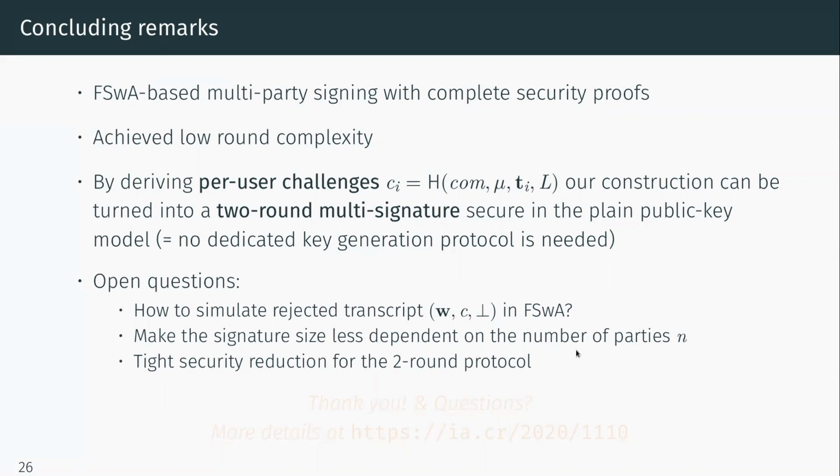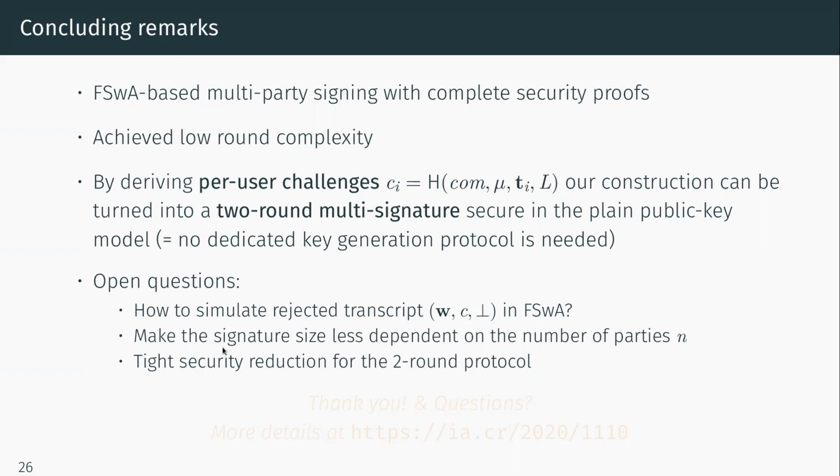And there are some open questions. Of course, the extra commitment for the three-round protocol seems a bit redundant. If you can simulate the rejected transcript in Fiat-Shamir with aborts, the signature size for the three-round protocol can be improved.